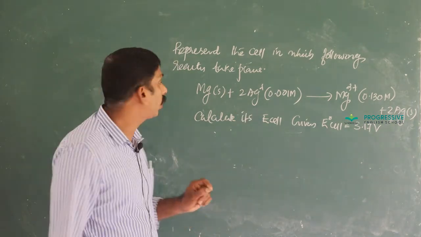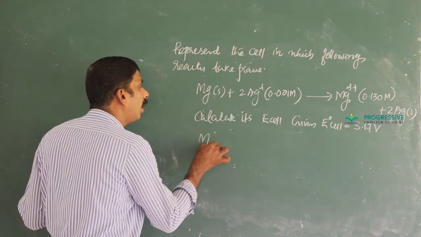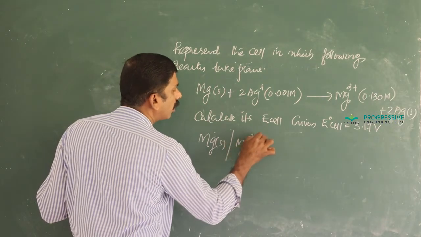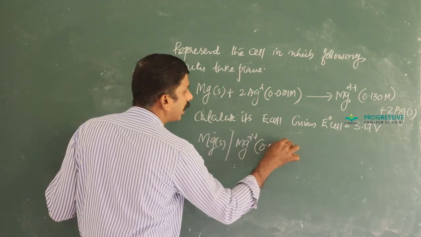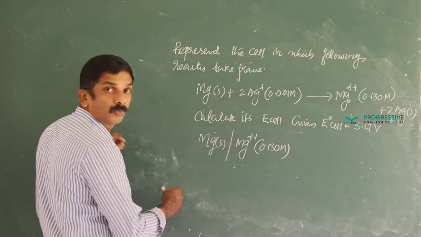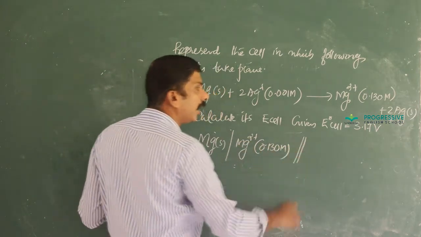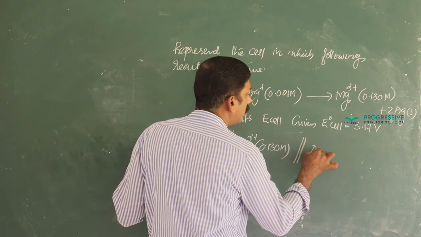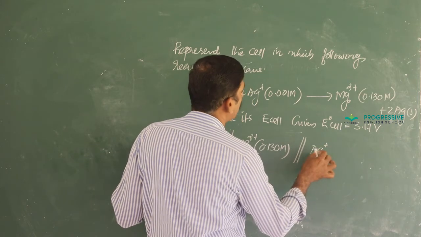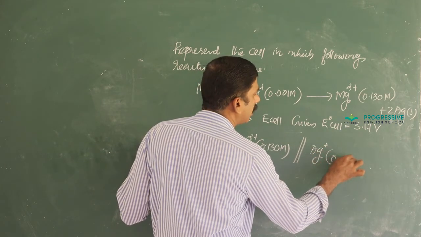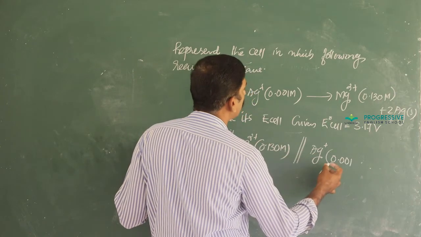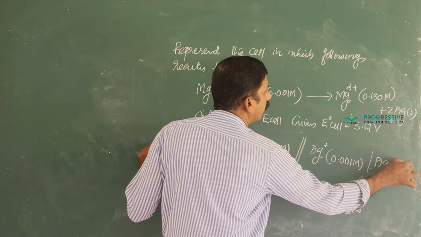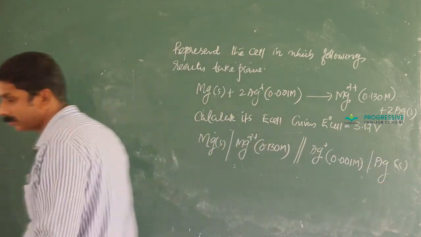While writing the anode, first we represent the symbol of the metal, followed by the symbol of its ion with concentration in brackets, 0.130 molar. After that, there are two vertical lines. That represents a salt bridge, and then we write the symbol of cathode, followed by its concentration in brackets, followed by the symbol of its ion.